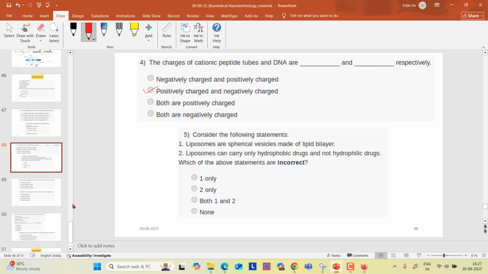So we know about liposomes, right? Liposome is a bilayer, spherical vesicle. Suppose this is the spherical vesicle, and inside there is a water portion. Hydrophilic molecules will be like this, more congested. Here I am just drawing like this.